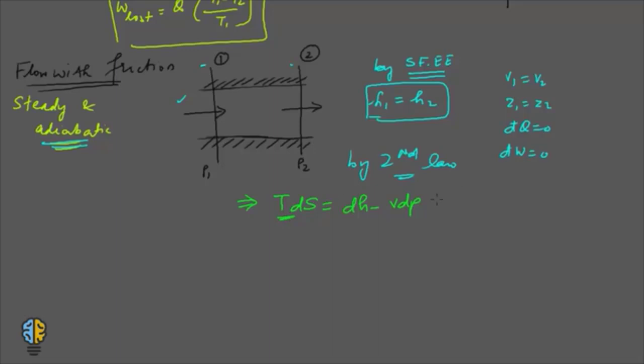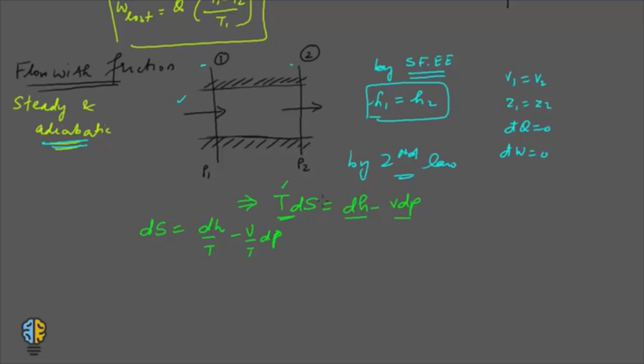So this is the application of the second law by combining it with the first law. Now if you bring this T towards the right hand side and divide all the terms, you would get ds is equal to dH upon T minus V upon T into dP.